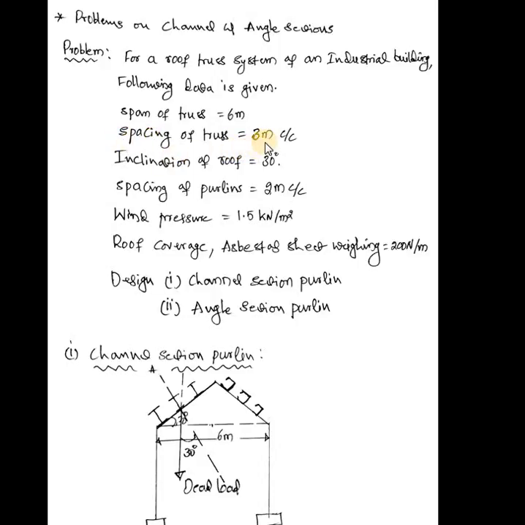Spacing of truss is equal to 3 meters center to center. Inclination of roof 30 degrees. Spacing of purlins 2 meters center to center. Wind pressure 1.5 kilonewton per meter square. Roof coverage, asbestos sheet weighing 200 Newton per meter. Design channel section purlin and angle section purlin.